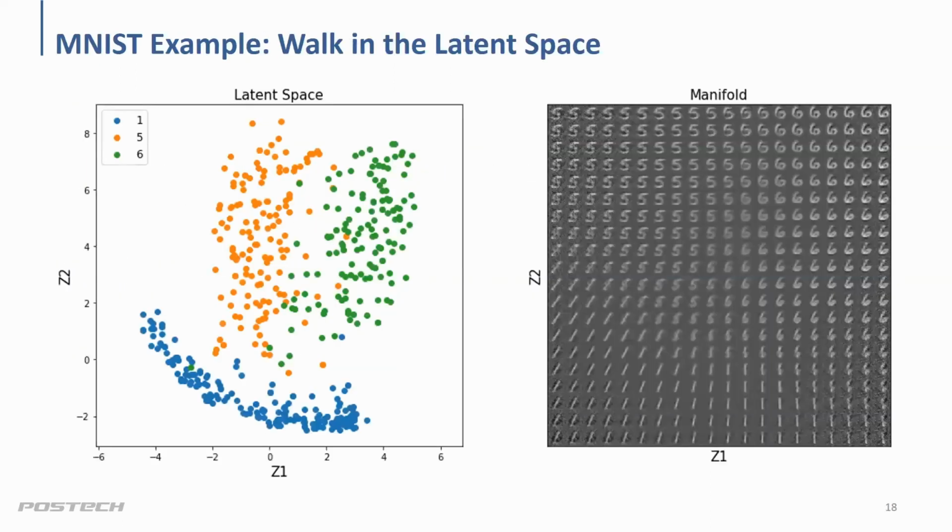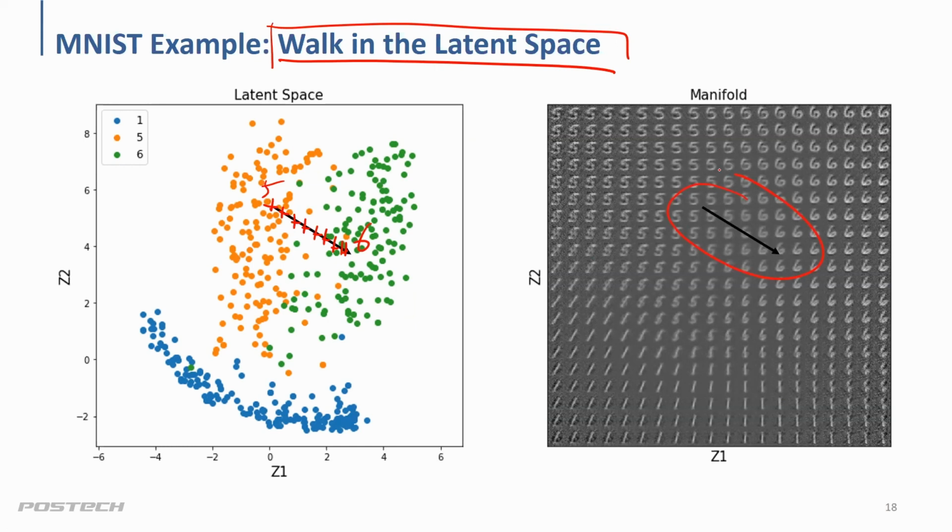Okay, here is the walk in the latent space. So you have to walk in the latent space instead of walking in the original space. What I mean is, say we just walk from here. And here we know that starting from 5, you get 6.